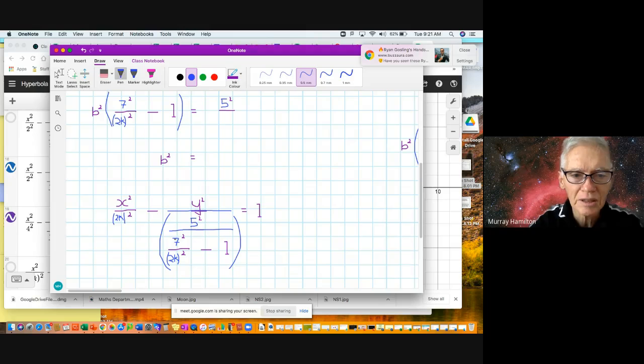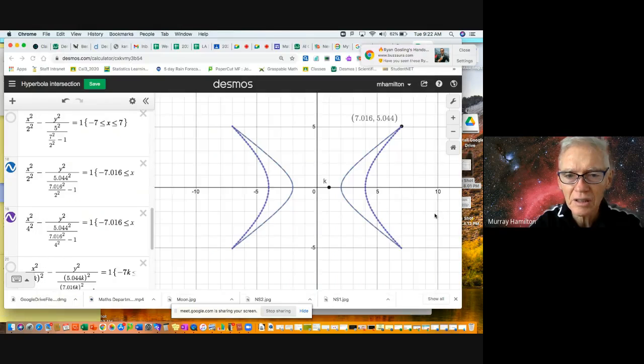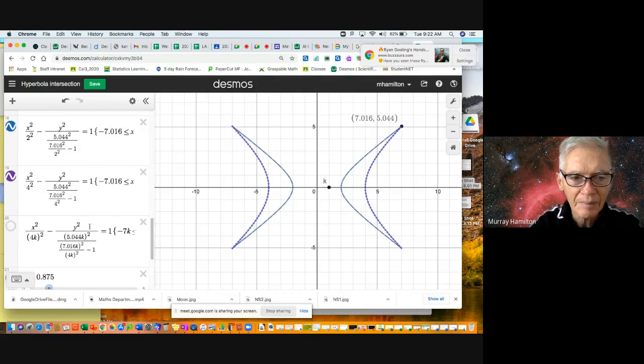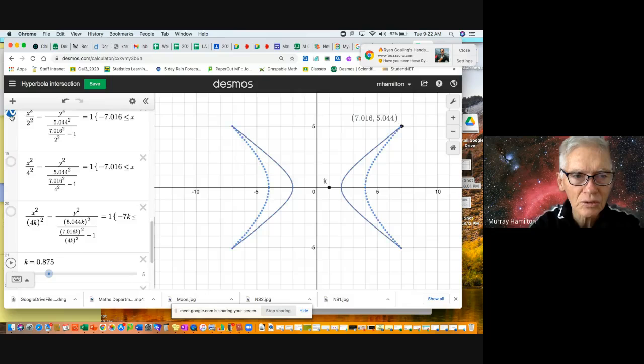So that when I do this in the generalized form, I'll get rid of these two graphs. I put it in here. And instead of putting 5, I've actually gone to the actual value, 5.044. I'm going to set k as 1, because that's what k is. K is 1.